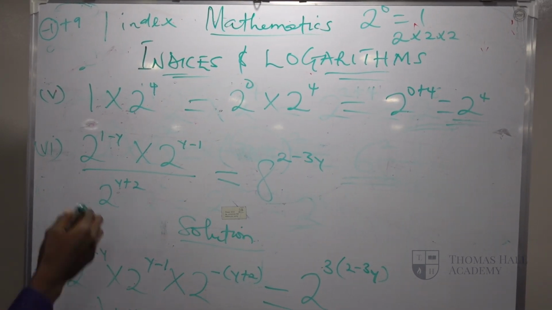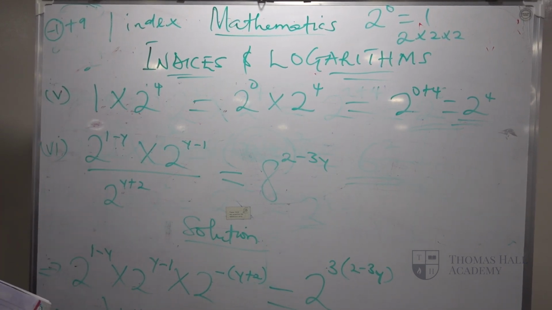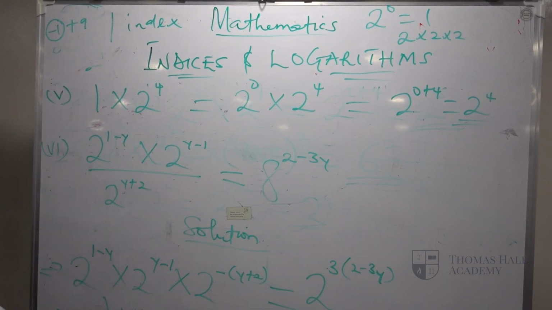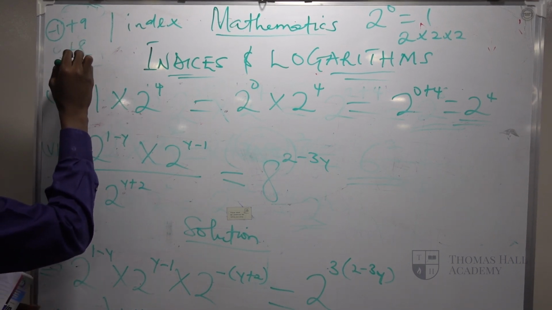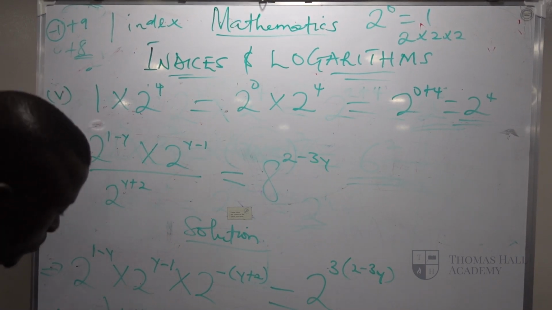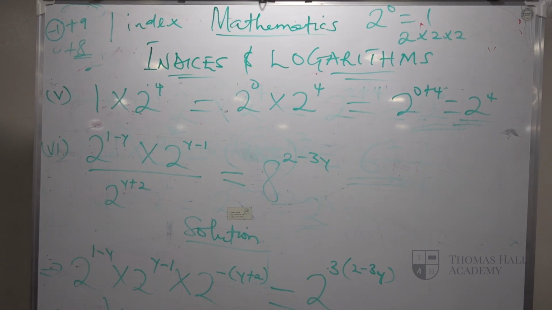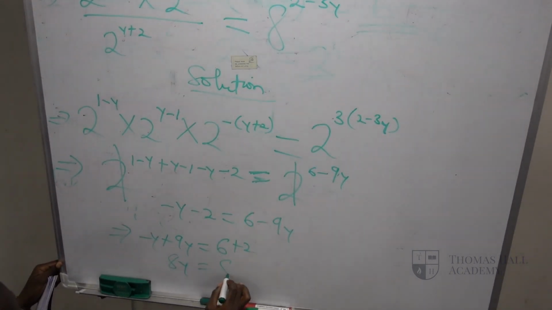It's easy. I am owing you 1 naira, but I have 9 naira. If I give out my 9 naira, that means you give me back 8 naira. 8 naira belongs to me, so I'll be having plus 8. So minus y plus 9y gives us 8y equals 8.